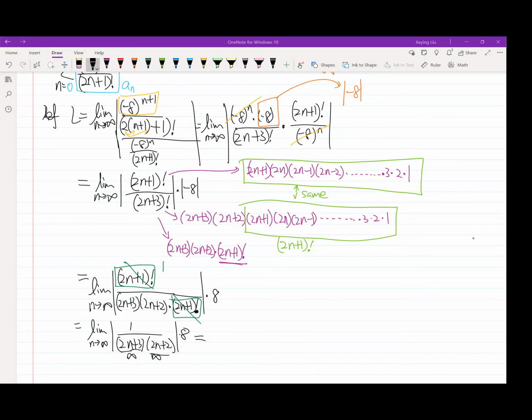I'm sure that's right, but I just have to double check later if that's the correct way to write it. Because factorial is something where you multiply a lot of terms together, you just have to be a little bit more careful when you try to factor some terms out of there.